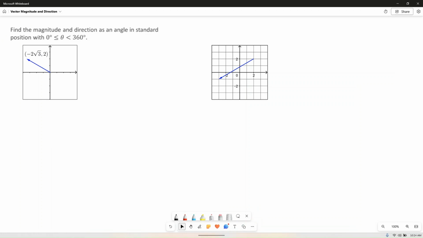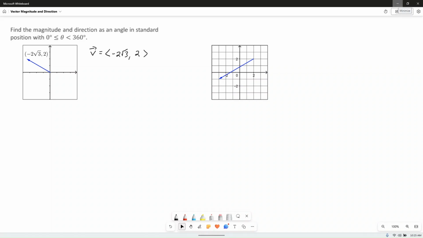In this example, we're given a vector graphically where its initial point is at the origin and the terminal point is at the coordinate (-2√3, 2). So if we wanted to write that as a vector in component form, we'd have v equals, inside the vector brackets, <-2√3, 2>.